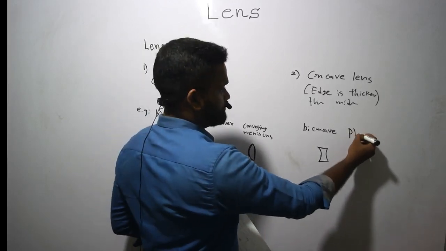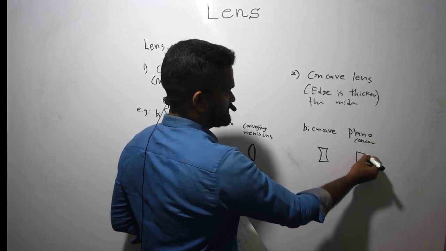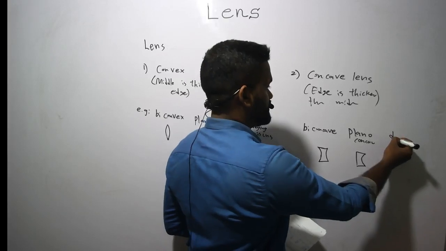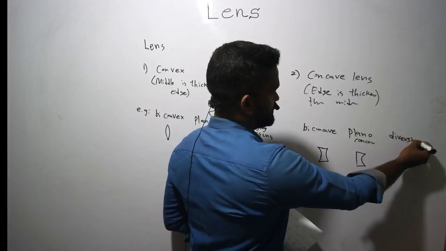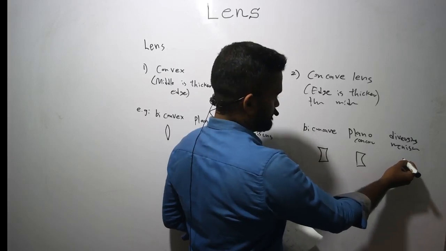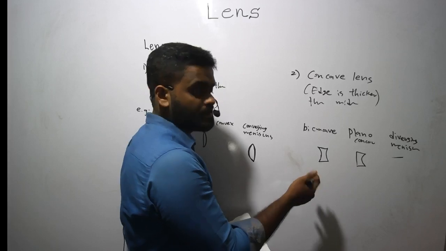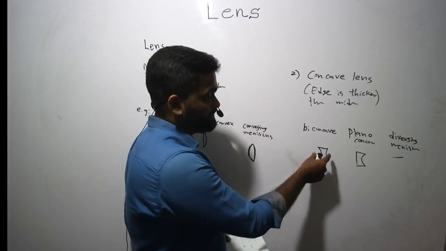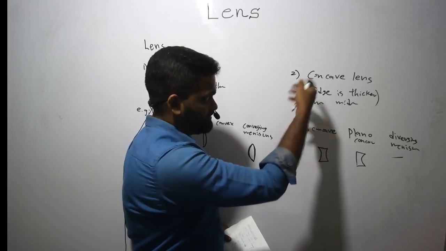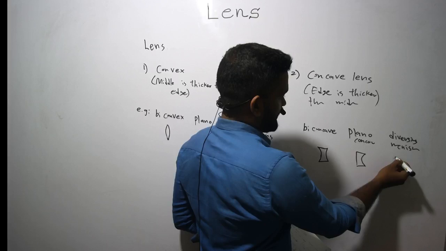Then again, we have plano-concave. One side is plane, the other side is concave shape. Then we have diverging meniscus. Here also that is the rule: the edge should be thicker, the middle is thinner. That is how you identify the concave type.